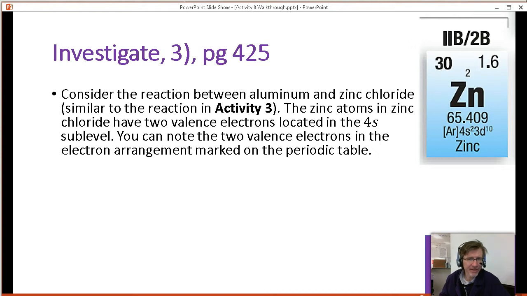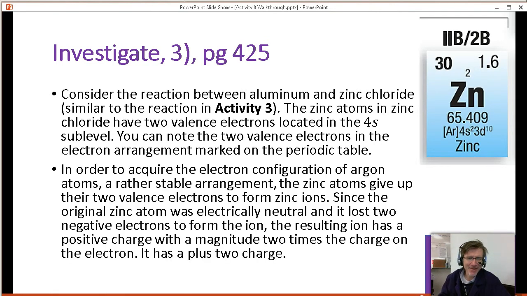Highest energy sublevel, 4s sublevel, 2 electrons. You can note the 2 valence electrons in the electron range marked in the periodic table. That's what I just said. In order to acquire the electron configuration of argon atoms, which is a rather stable arrangement, the zinc atoms give up their 2 valence electrons to form zinc ions.